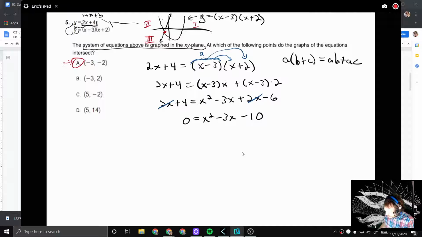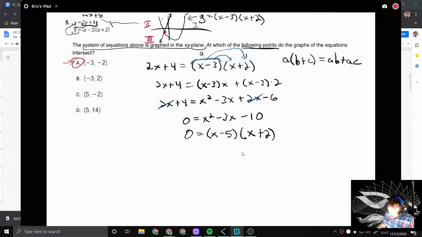Factoring again, negative 5 and 2. Good thing I didn't put my answer in. 0 equals x minus 5 and x plus 2.